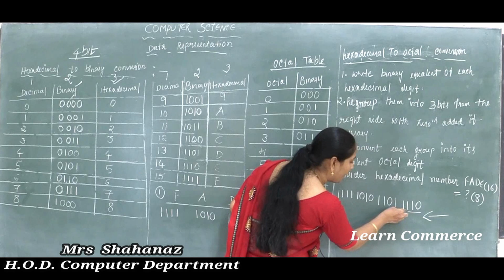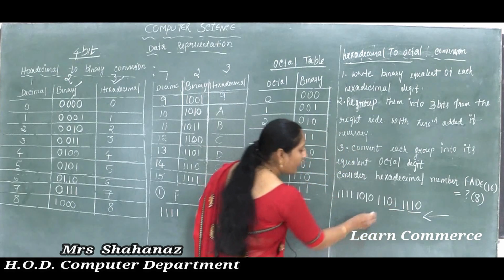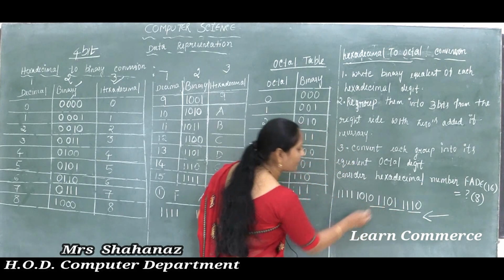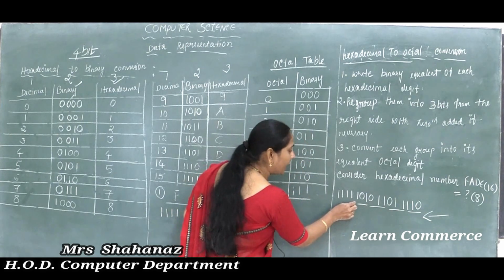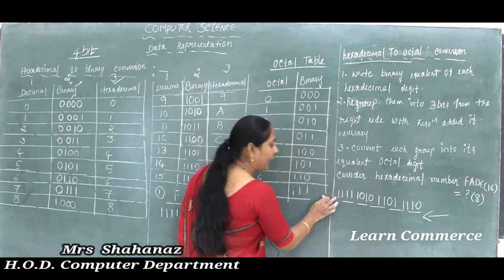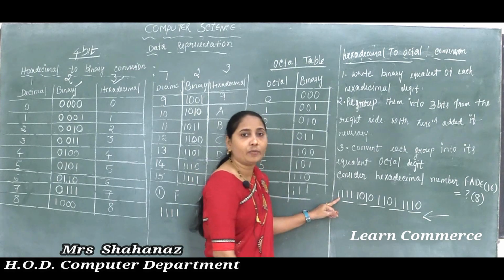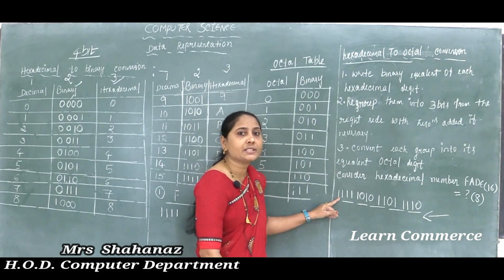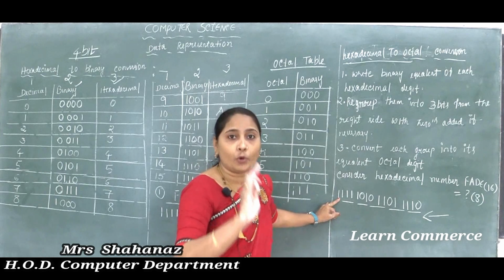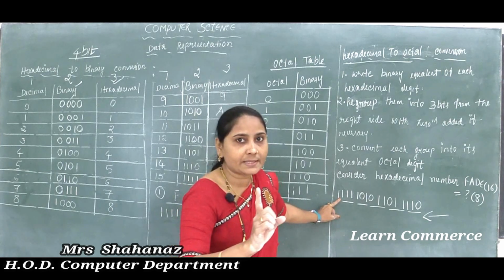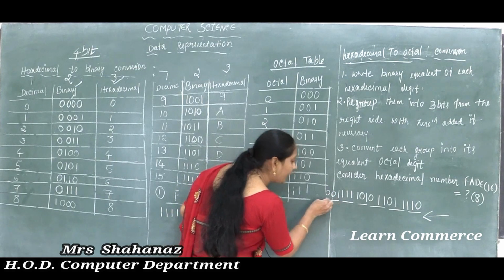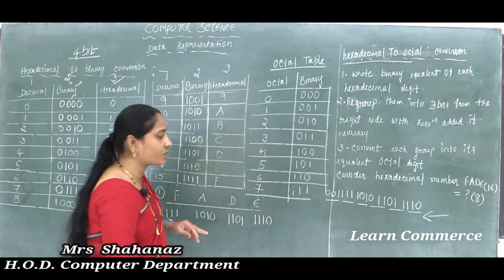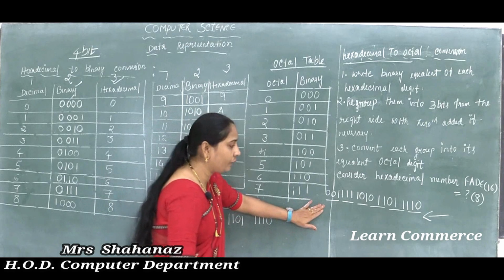The second group is 1, 1, 0. The third group is 1, 1, 0. The next group is 1, 0, 1, and the next group is 1, 1, 1. Here just one bit is left, and in one group 3 bits are there, so we need to add 2 zeros. Clear this point? We need to add the 2 zeros in this case.